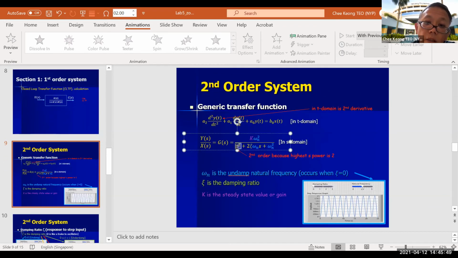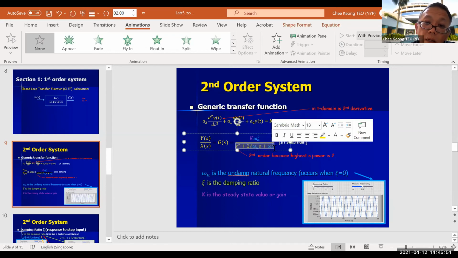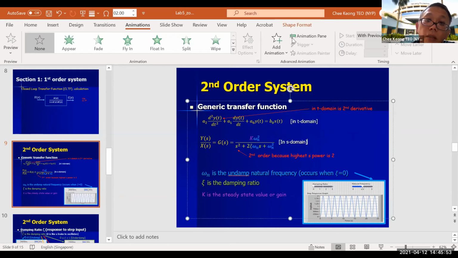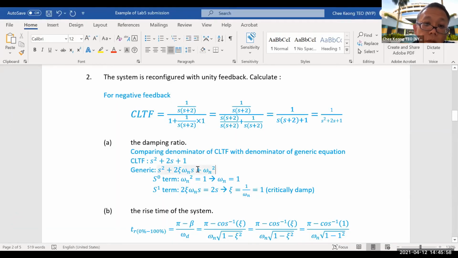The generic equation is this denominator here, which is exactly what has been shown here, right? For both expressions to be exactly the same, the s squared term is equal to the s squared term. That's agreeable because it's just s squared. Now the 2s must equal the 2 zeta omega n s. So 2 zeta omega n s must equal 2s.